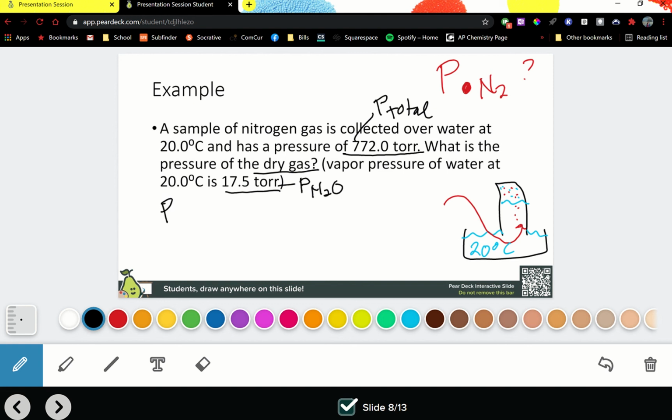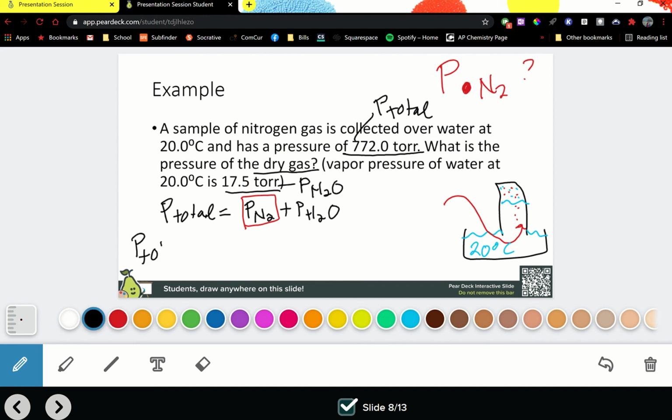So if we imagine our equation, the total is always equal to each of our gases added together. We know our total pressure and we know our pressure of water. So if we want to get our pressure of nitrogen all by itself, then we're going to subtract the water from our total pressure.